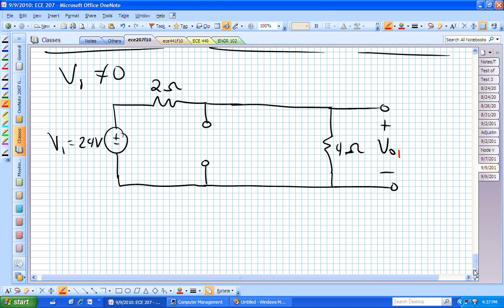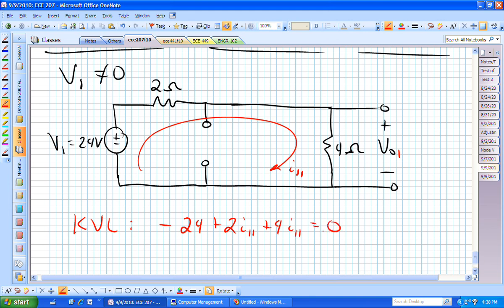If you wrote mesh equations, you would put this current in there, let's say I sub 1. And if I use an I sub 1 later in other analysis, it's not the same I sub 1 in the next circuits. Or I could say, oh, this is I sub 1,1. And then I would have a KVL, and that would be minus 24 plus 2I11 plus 4I11 equals 0.